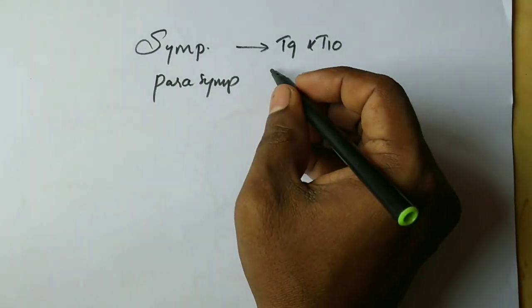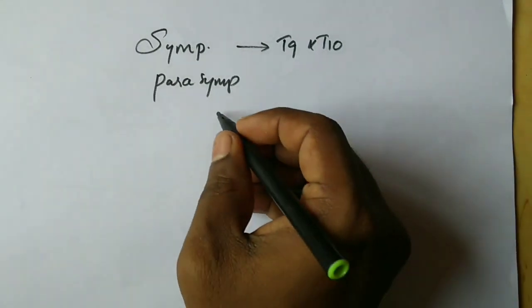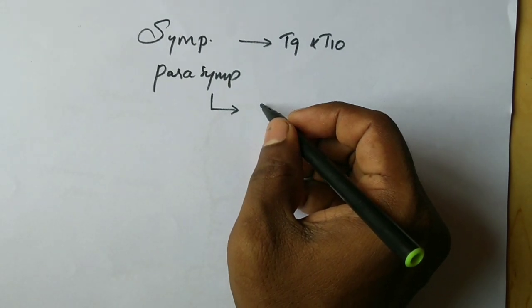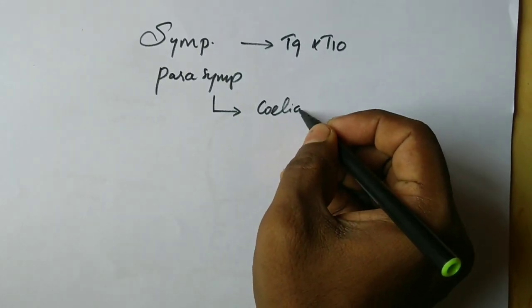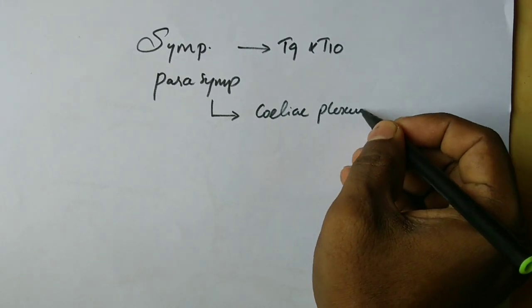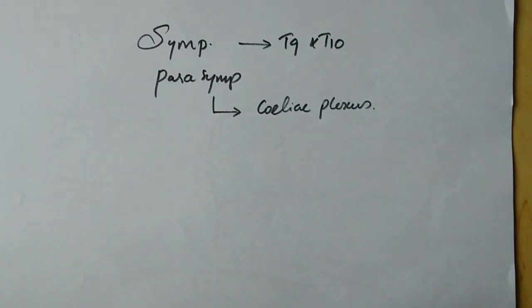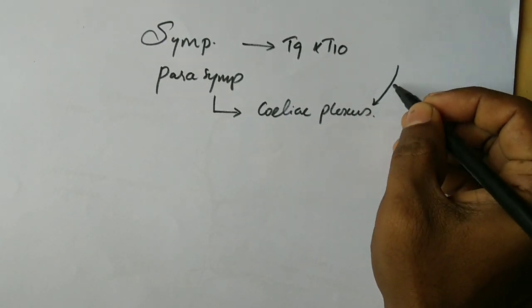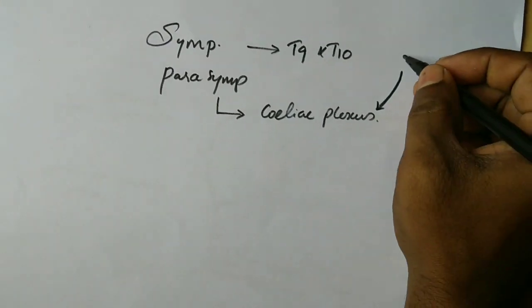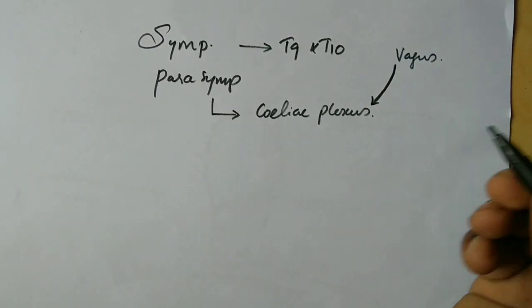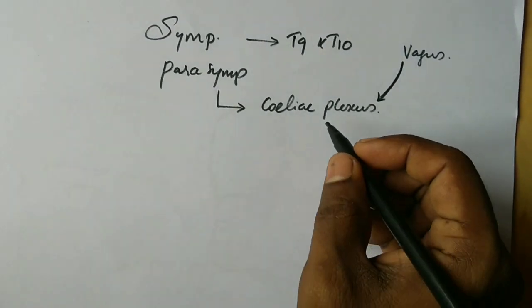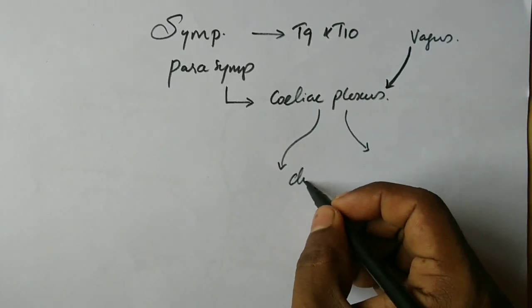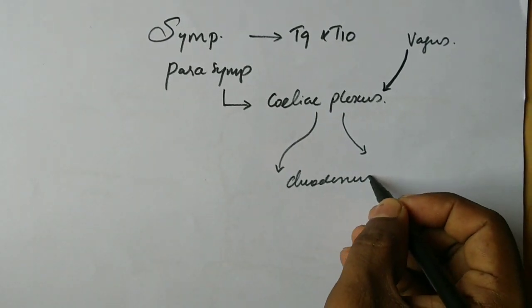And the parasympathetic will be reaching the duodenum through the celiac plexus. These parasympathetic fibers will be coming from the vagus. From the vagus through the celiac plexus, it will supply the duodenum.